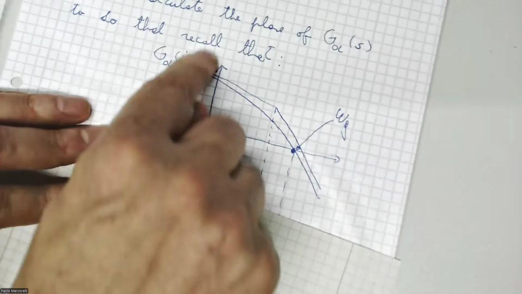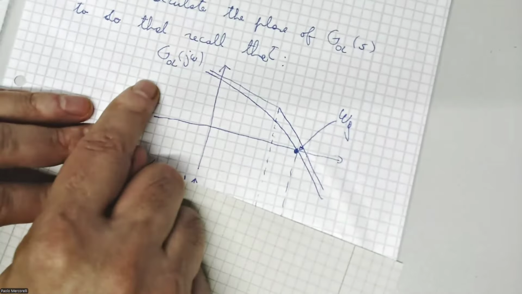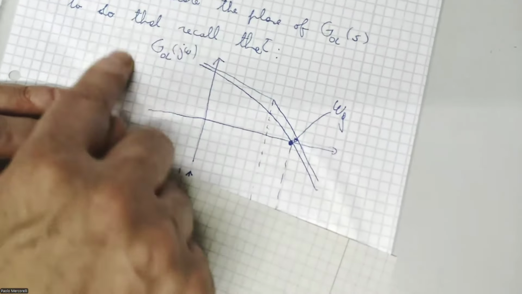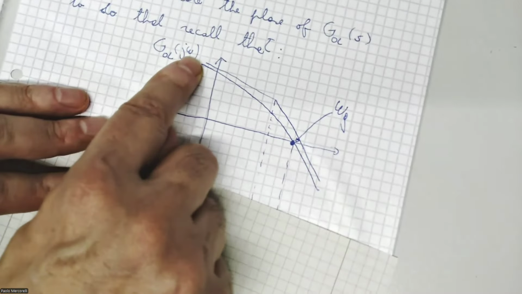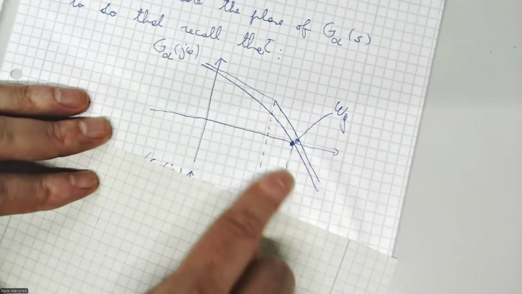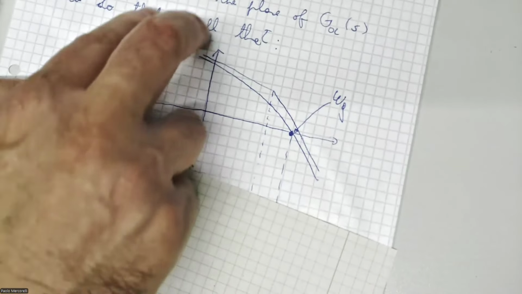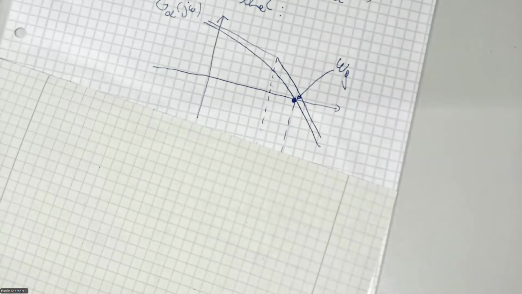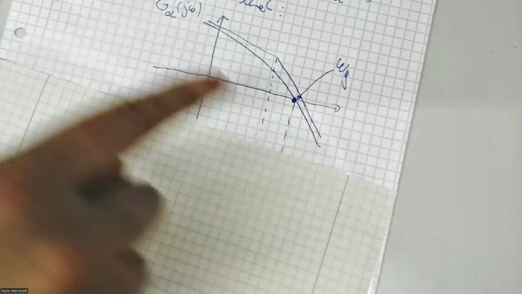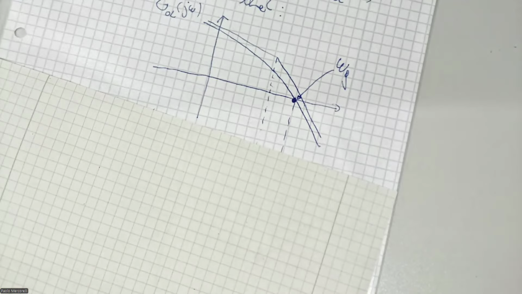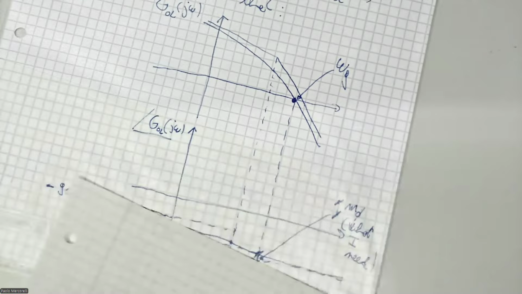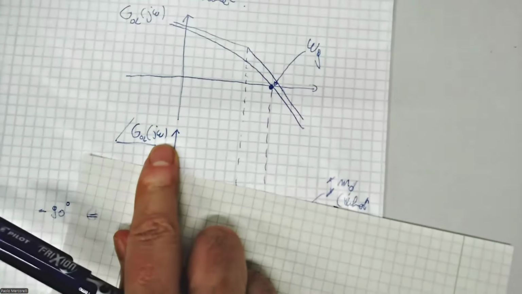I just sketched G of omega L j omega, but of course to be precise, I have to consider the magnitude. Let me correct: it's the magnitude in the Bode diagram. Here I put exactly the phase. Here I forgot.